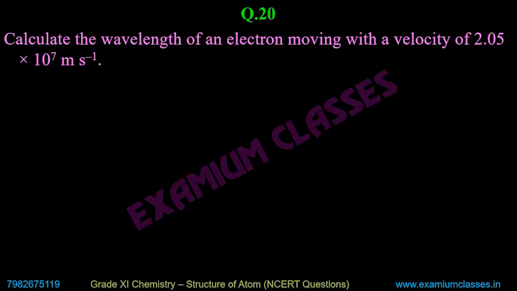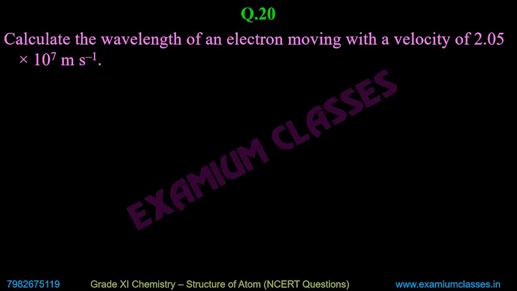There is an equation given by de Broglie, which gives you a relationship between wavelength and velocity. Send me your solution on WhatsApp. Okay. Any confusion, any student, let me know. Any query, just unmute your mic and let me know. And don't forget to send the answer of this question to me.